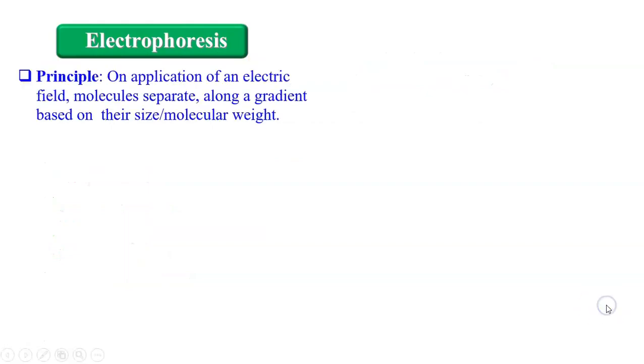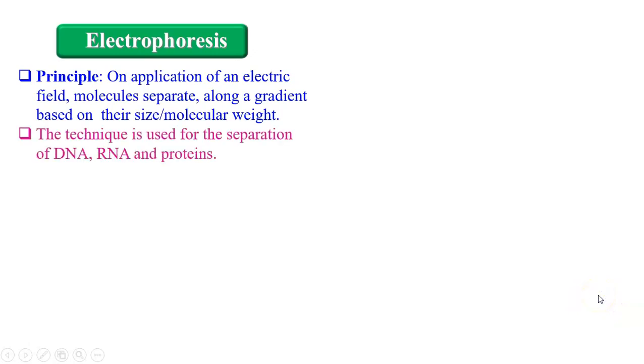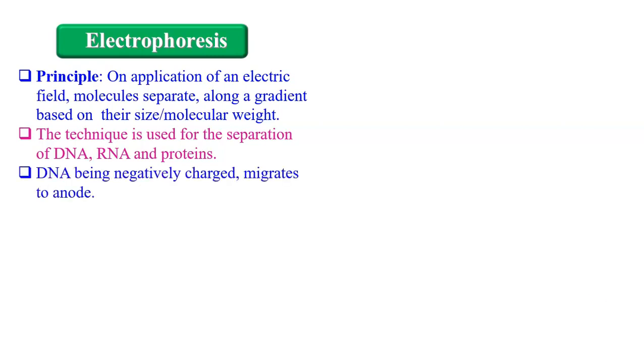Let us discuss electrophoresis technique. The principle: on application of an external electric field, molecules separate along a gradient based on their size or molecular weight. The technique is used for the separation of DNA, RNA, and proteins.